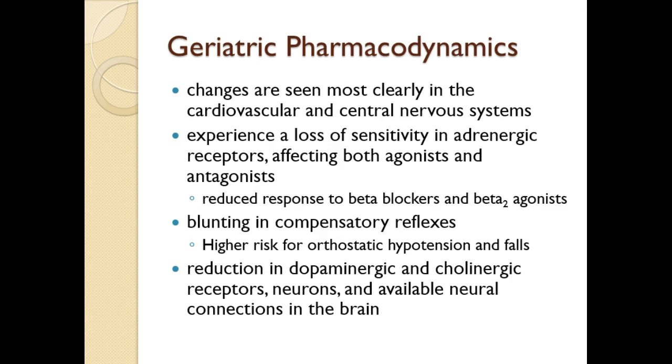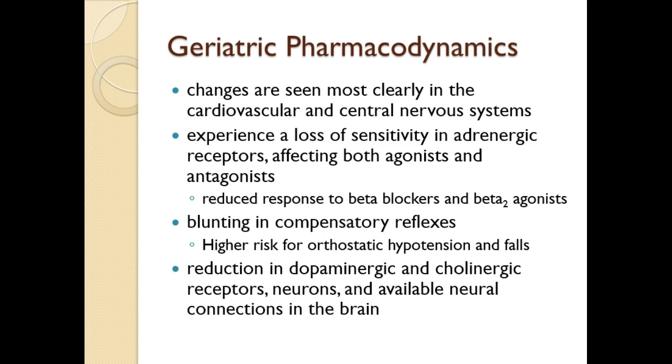For pharmacodynamics, the most common changes that are seen are within the cardiovascular and central nervous system drugs. They have a loss of sensitivity in your adrenergic receptors, both for agonists and antagonists. So you may find that with adrenergic drugs, they will have a decreased response. So beta blockers as an antihypertensive or a cardiovascular drug may not be as effective compared to young adulthood or middle-aged adults.